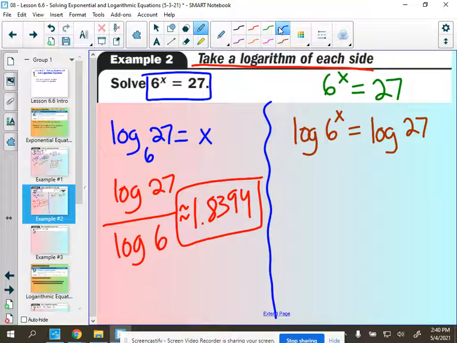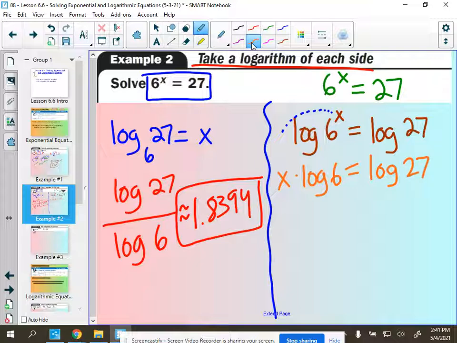That's going to allow us, going back to the previous section, lesson 6.5, to use the properties where having 6 to the x power says you can bring this x down out front. So as a second step, I could write this as x times the log of 6 equals the log of 27.